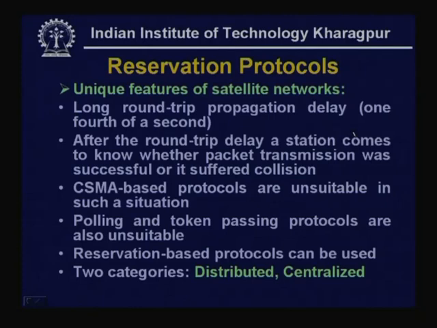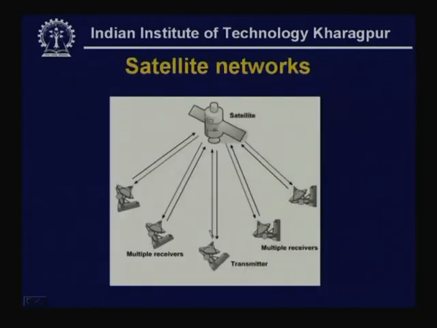That means, if a ground station, say a transmitter, sends a packet, the satellite will receive it and then send it using the downlink frequency, and it will broadcast. So, if multiple stations send a packet on the shared channel, there will be some kind of collision, or the signal will be garbled, and the transmitter will come to know about it only after 1/4 of a second, not before that.